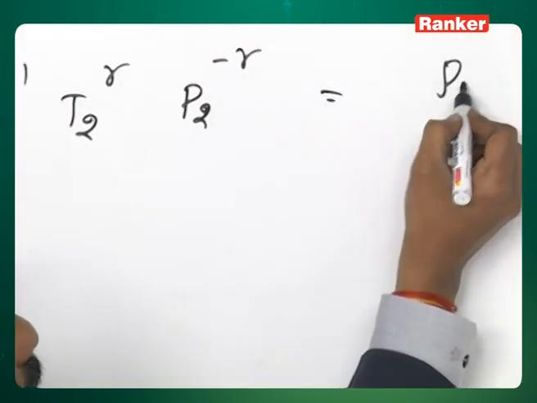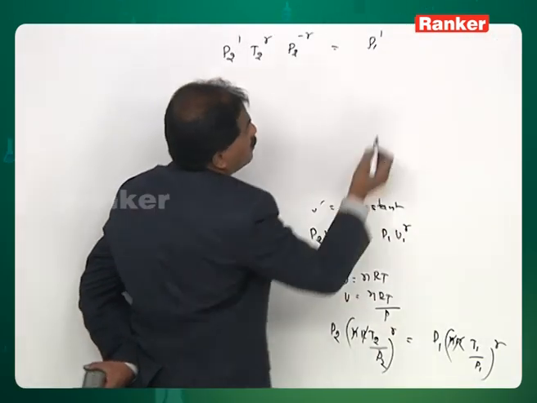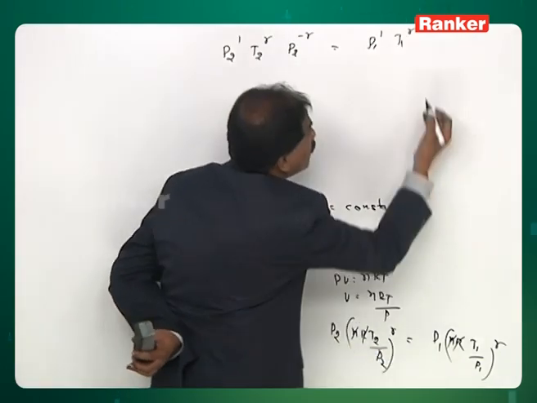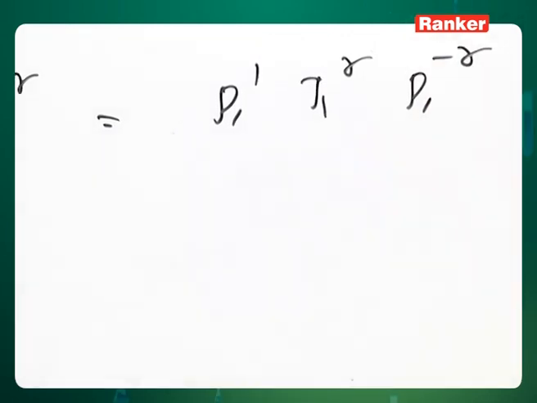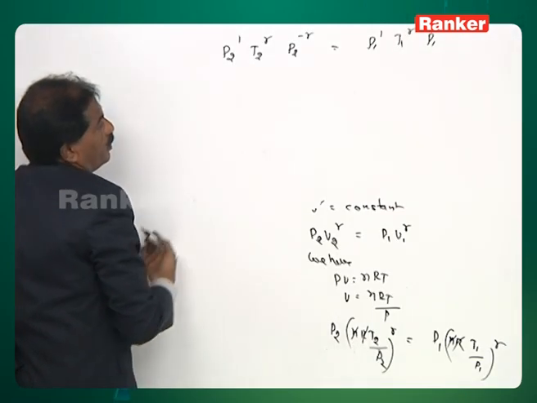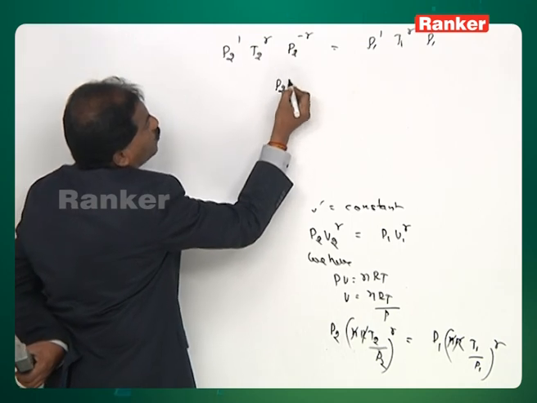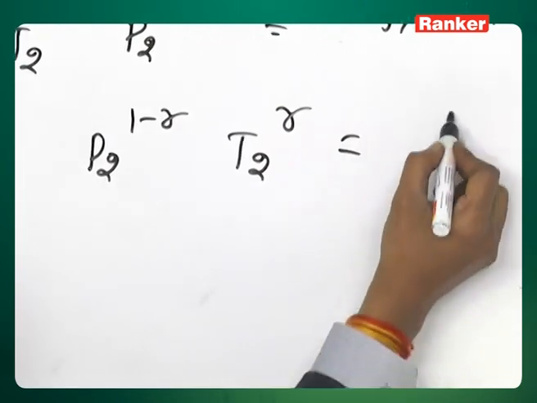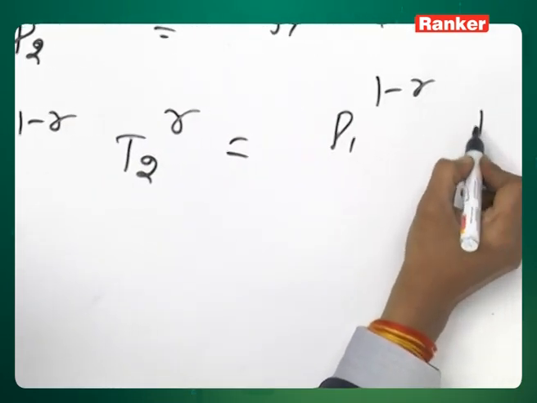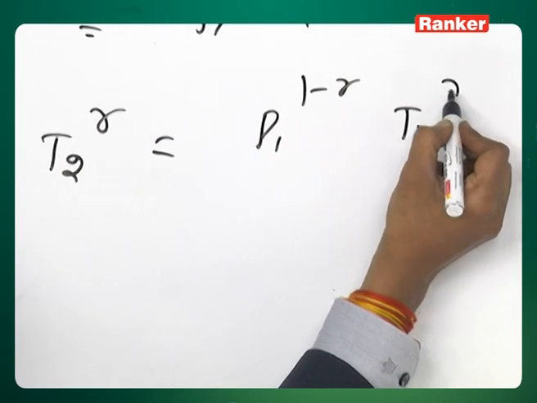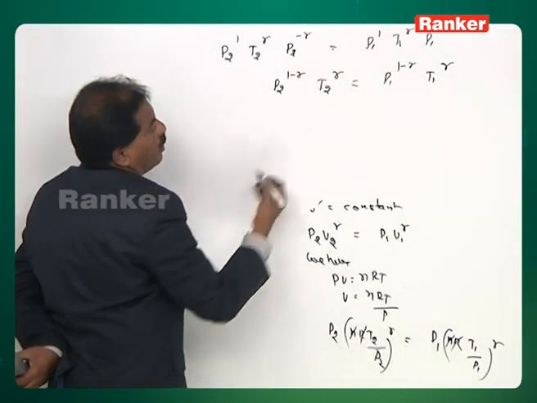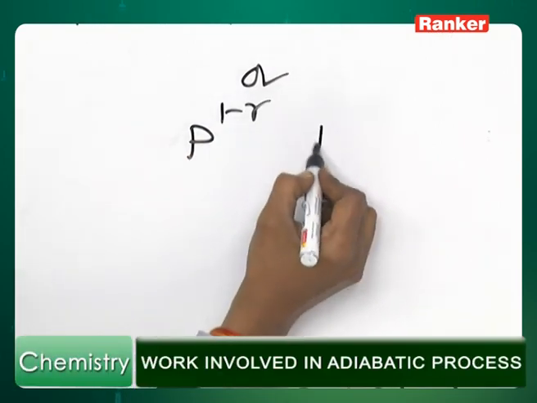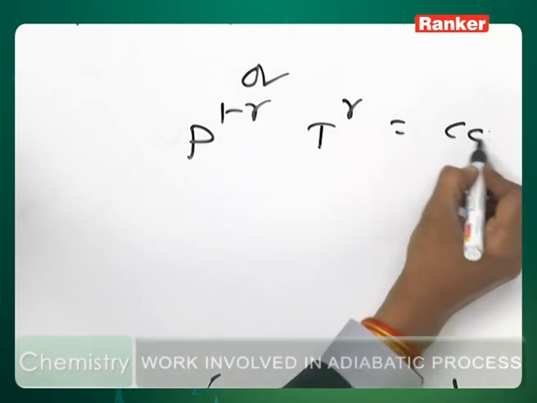Here P1, next T1, you bring P1 to the numerator. This is P1 minus gamma. Next, this is P2 power 1 minus gamma, T2 power gamma. This side P1 power 1 minus gamma, T1 power gamma. Or P power 1 minus gamma, T power gamma is equal to constant.